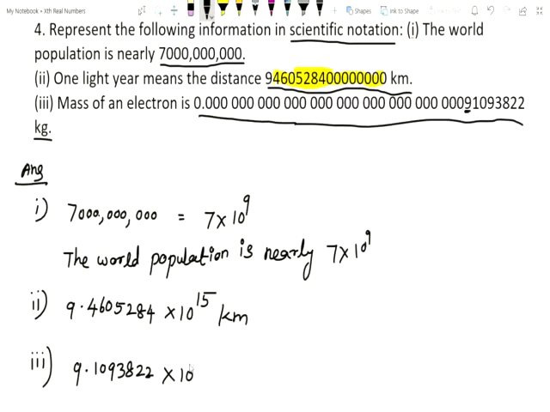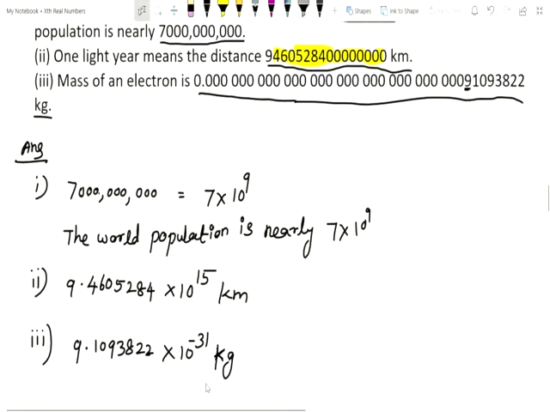So minus 31 kilogram. Do you understand, children?